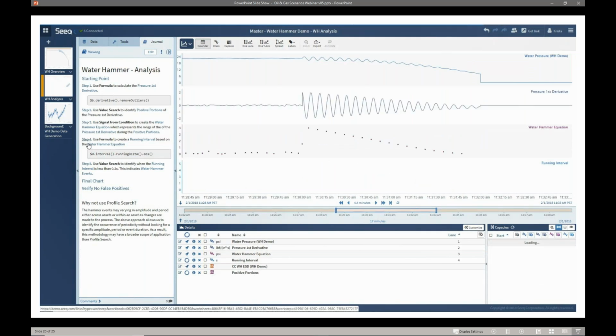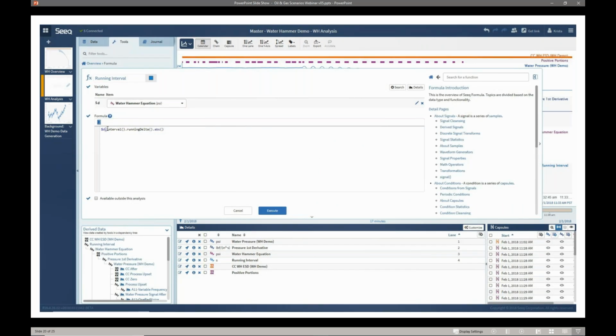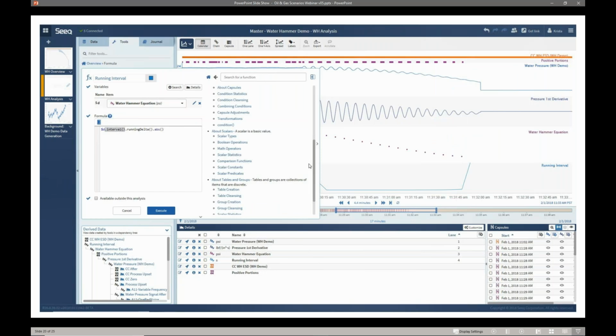My next step is to create a signal I call running interval. In this formula, we do two things. We take the interval, that means calculate the difference in time between each set of sample points, and then I'm going to look at a running delta of those differences.